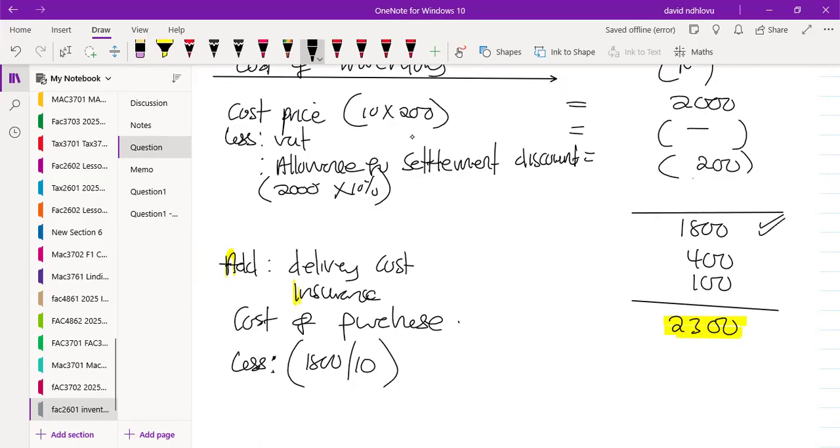This is what we were charged by the supplier. So when one desk was damaged, out of the total amount charged by the supplier, we lost 180, which means the remaining desks in our hands are going to be measured at 2,300 minus 180, which means we have to record a total value of 2,120. So this is the value of our inventory on hand.